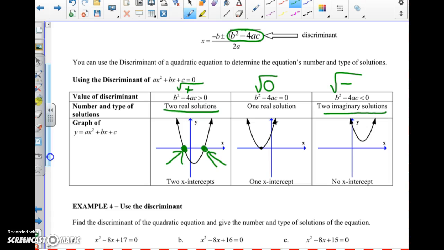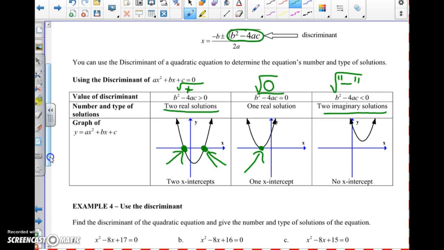If the number was 0 inside the square root, it would come down and hit the x-axis, but only 1 time right there. In other words, you just go boop, and it bounces back off it. So there's only 1 real solution. And if it was a negative number inside the square root, then this parabola will never hit the x-axis, which tells you it's imaginary.